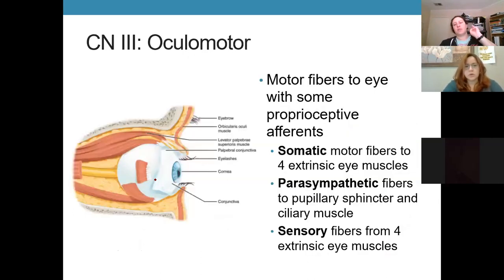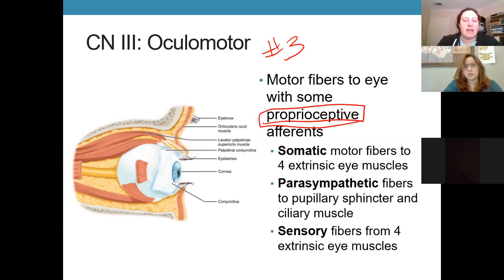So cranial nerve number 3 is the oculomotor. It controls most of the extrinsic eye muscles, and then it has sensory information about what those muscles are doing that it sends back. So proprioceptive afferents. That makes sense.